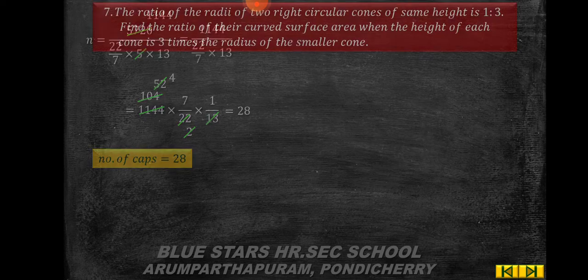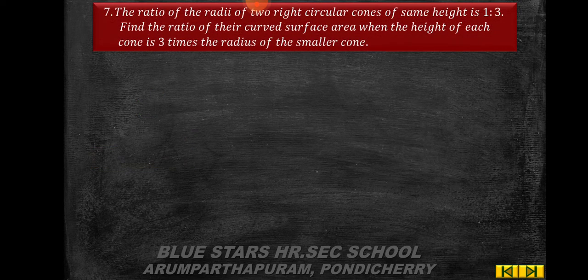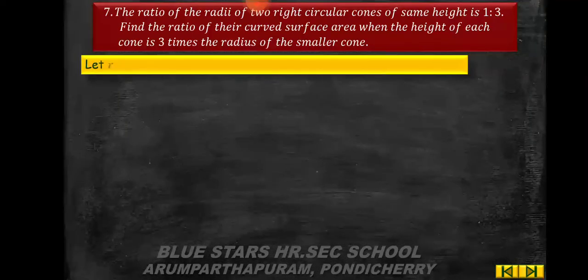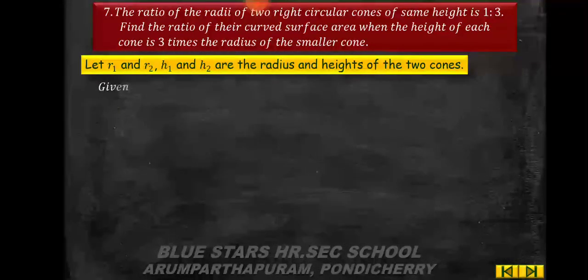Problem number 7. The ratio of the radii of two right circular cones of same height is 1:3. Find the ratio of their curved surface area when the height of each cone is 3 times the radius of the smaller cone. Let R1 and R2, H1 and H2 be the radius and heights of the two cones.